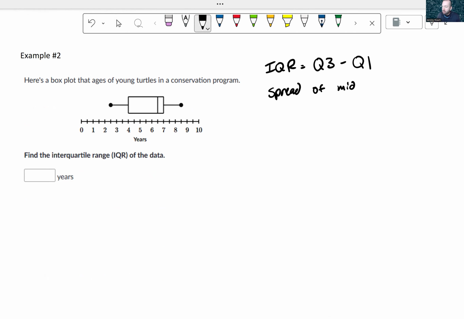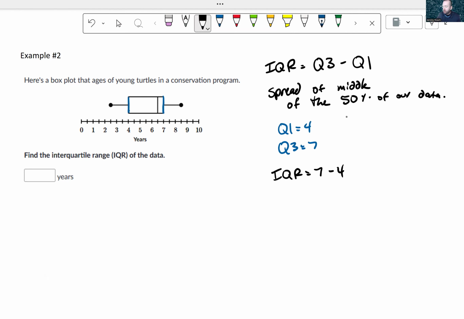Just going to write that out. Okay, so Q1 is 4. That's there. And on the other side of our box plot, Q3 is equal to 7. And so we're just going to plug that into our equation for the IQR.